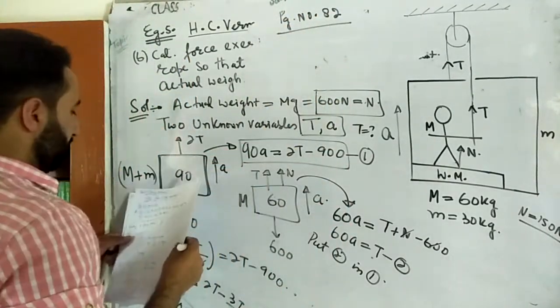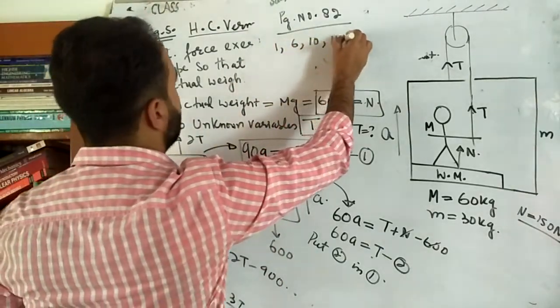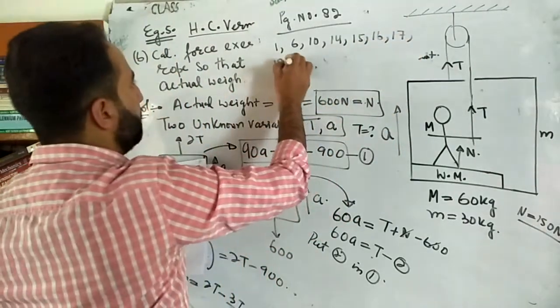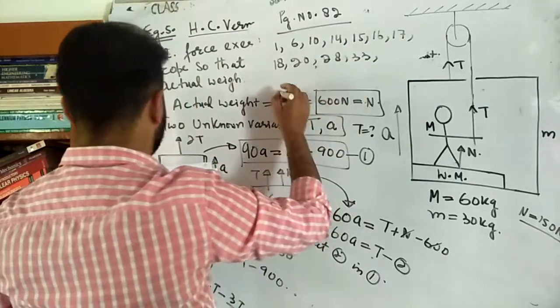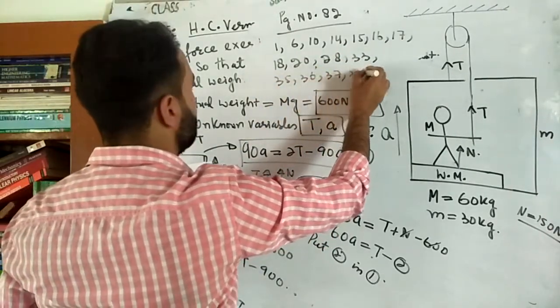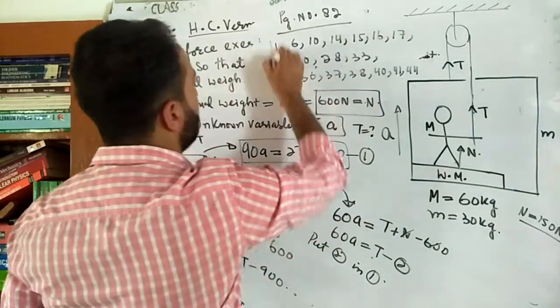Then the example numbers: 1, 6, 10, 14, 15, 16, 17, 18, 20, 28, 33, 35, 36, 37, 38, 40, 41, 44.